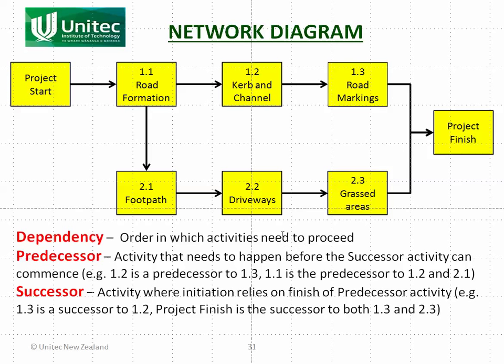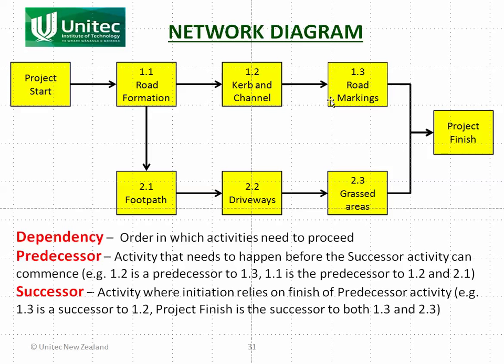Each one of these arrows shows a dependency. The one that's first, the activity that needs to happen before the other one, is called the predecessor. So for example, 1.2 is the predecessor for 1.3. 1.2 has to finish before 1.3 can start. That's what it means.